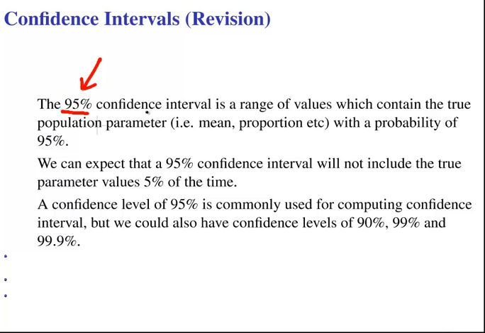A 95% confidence interval is a range of values which contains the true population parameter, mean or proportion, with a probability of 95%. And we can expect that a 95% confidence interval will not include the true parameter value 5% of the time. This is a corollary to that statement. It's essentially the definition of a confidence interval.